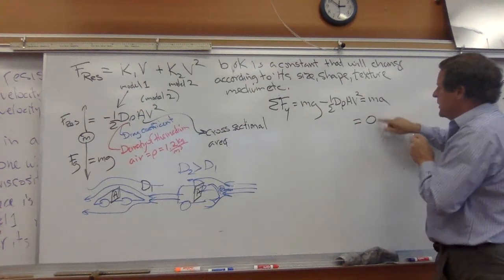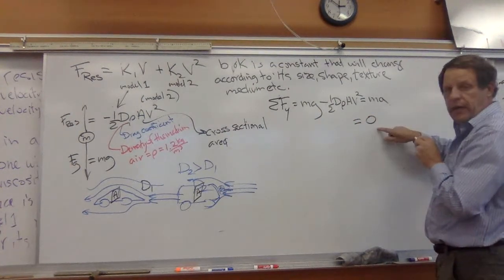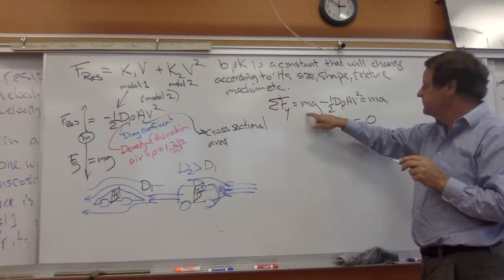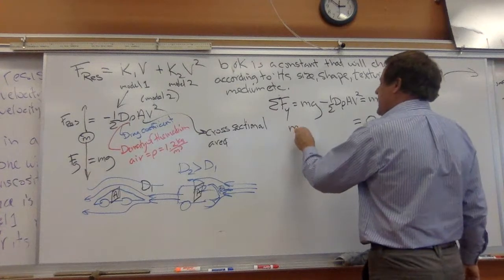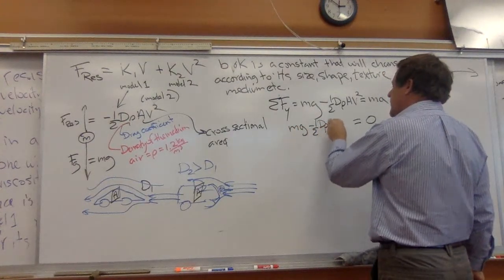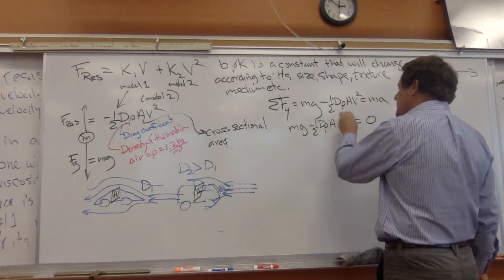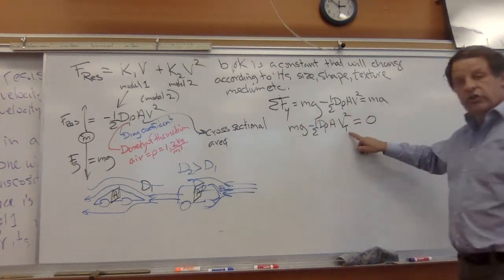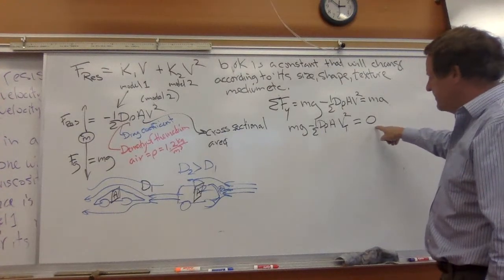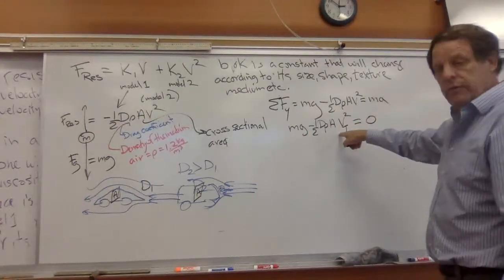And again, just like before, if we reached an acceleration of 0, that means this resistance force would equal the force of gravity. We would have mg minus 1/2 d rho A v squared equal to 0, except now we're talking about terminal velocity, because at terminal velocity there is no acceleration.